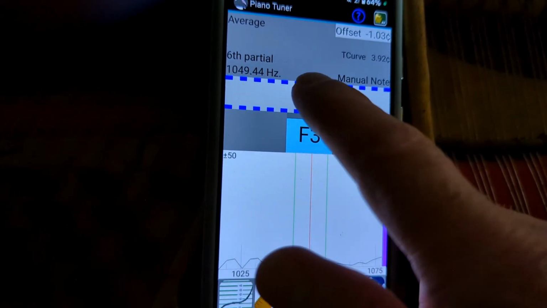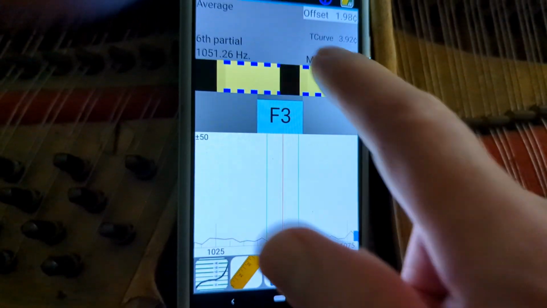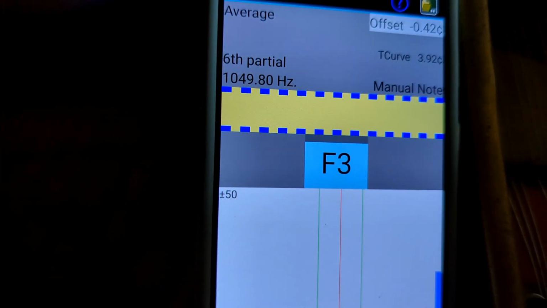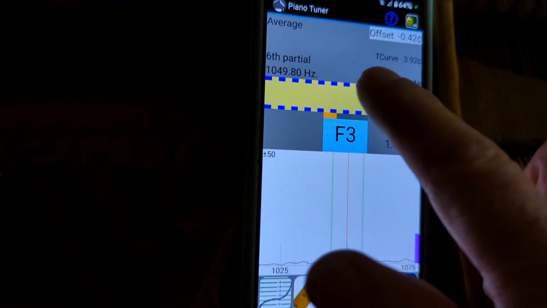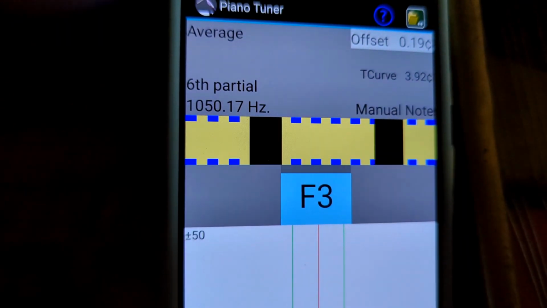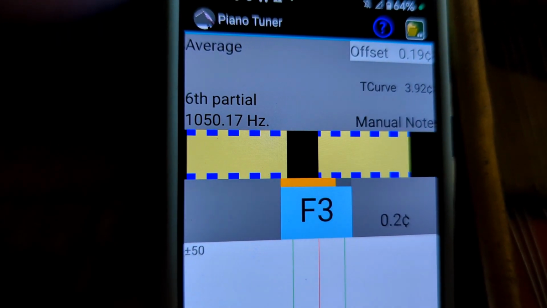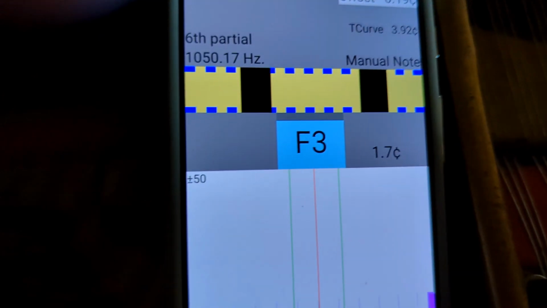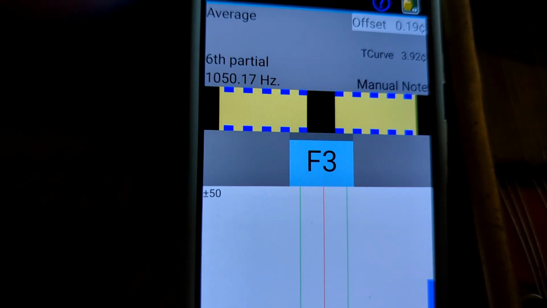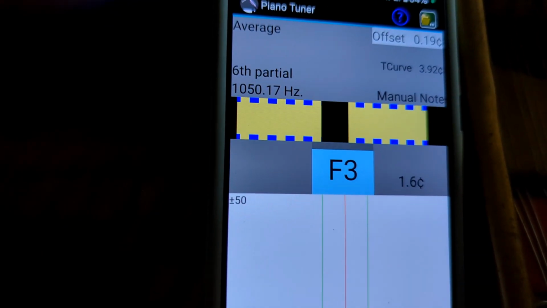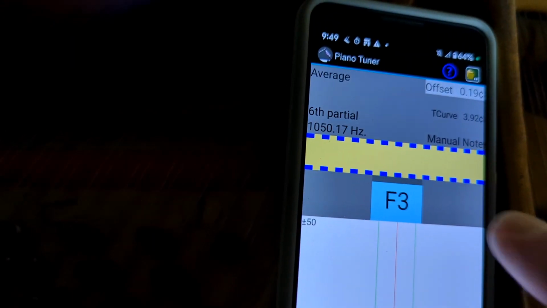I think what I'll do is let's zero this out on the F. So again, this is sixth partial. Just a little more. That's pretty good. That's the F, F sharp. So it's saying about 1.6, 1.7 cents.